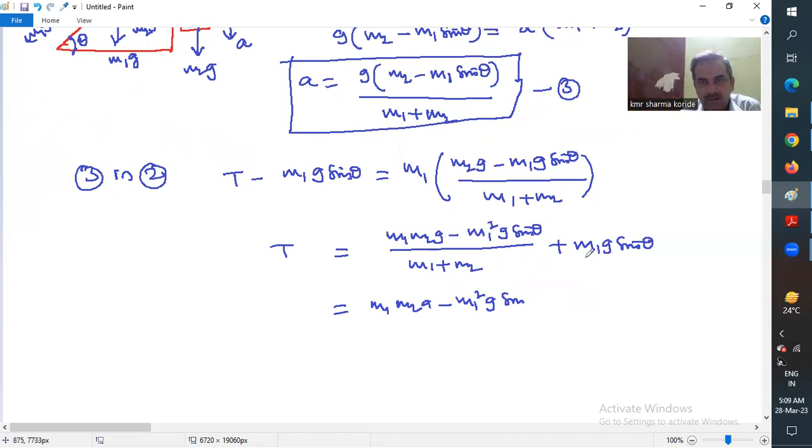Now let us multiply m1 alone with this quantity. So this is going to be m1 square g sin theta plus m1 m2 g sin theta, whole divided by m1 plus m2.